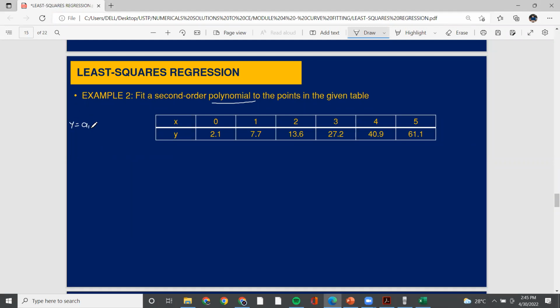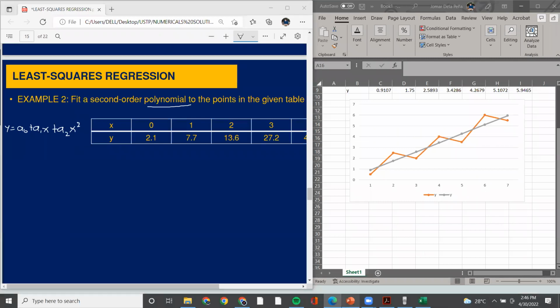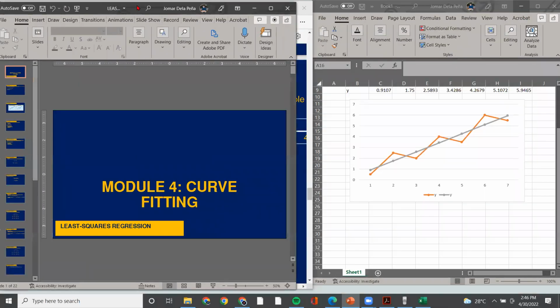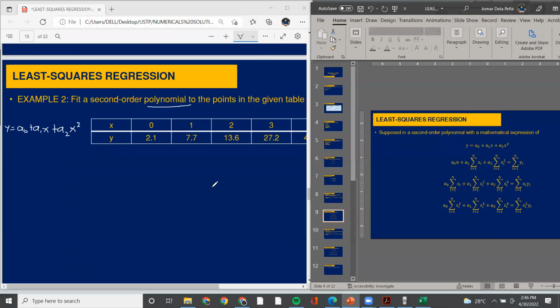Y equal to a sub 0 plus a sub 1 x plus a sub 2 x squared. Okay? So first, itong formula, dapat itong mga formula nga kinahanglan natin satisfy. We need the summation of x and y also.